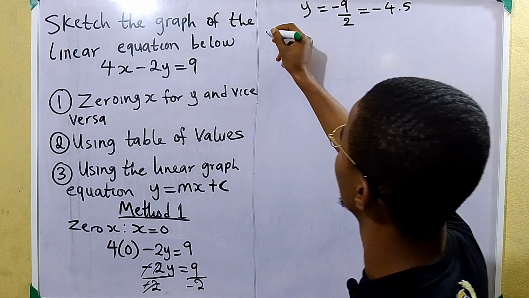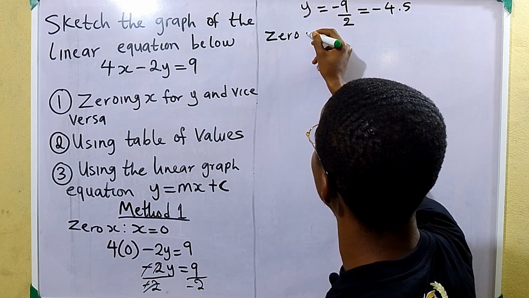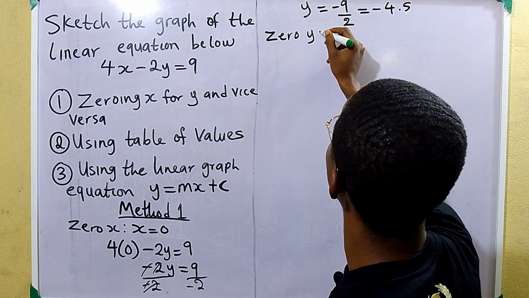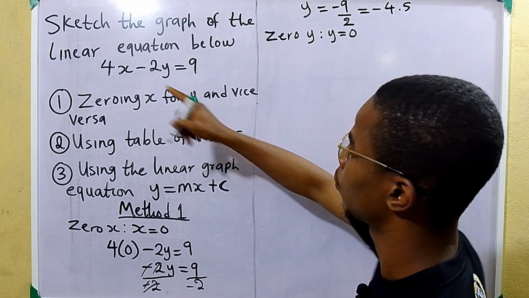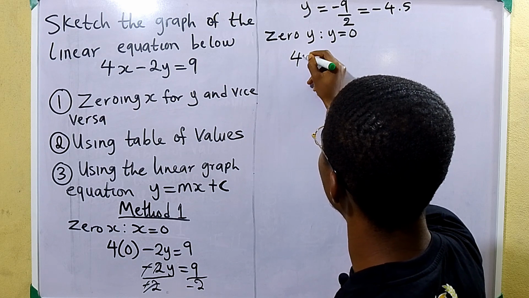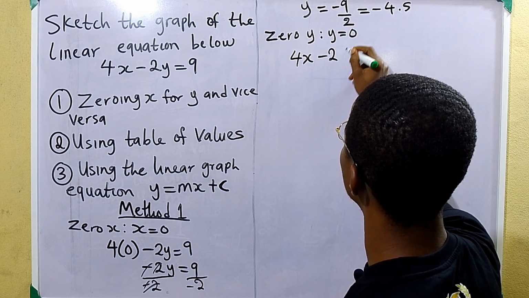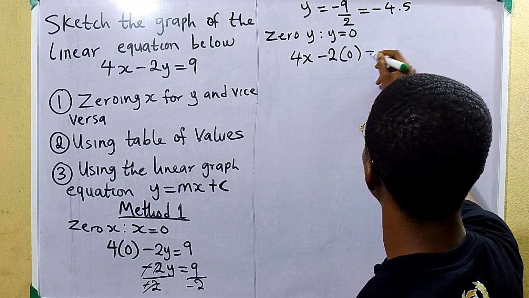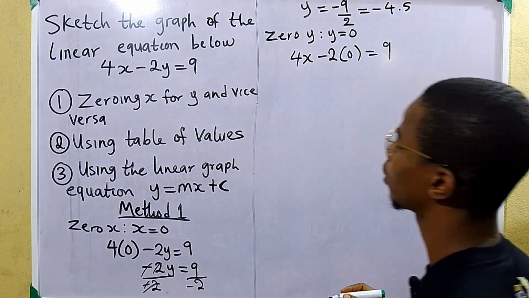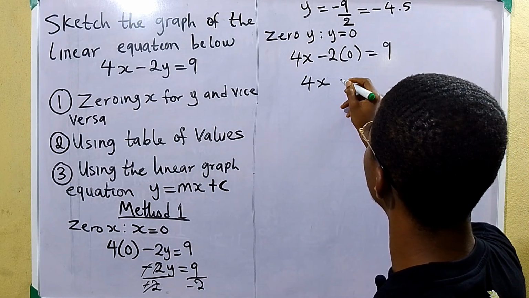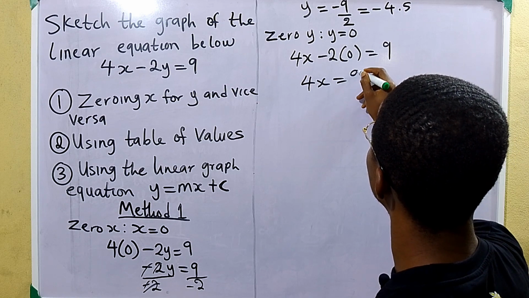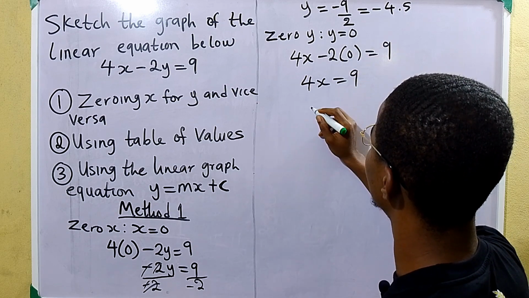So we go for the next one with 0y. That means wherever I see y, it will be equal to 0. This becomes 4x minus 2 multiplying 0 equal to 9. So we have here 4x equal to 9, because this goes out.